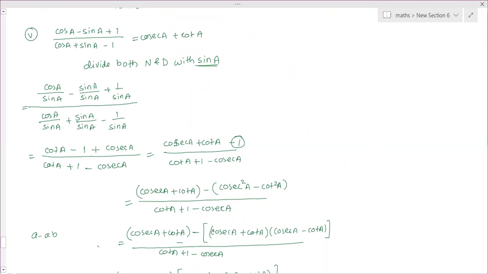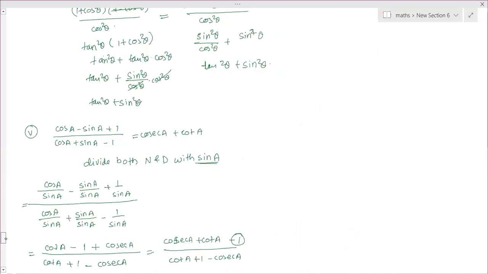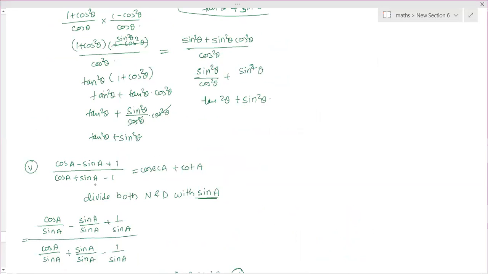I can factorize further in the form of products. So from that product, we can take one of the terms common. And this part is not possible in case of sin and cos. So in this same form, taking common is not possible. That is the reason we are dividing with sin theta.